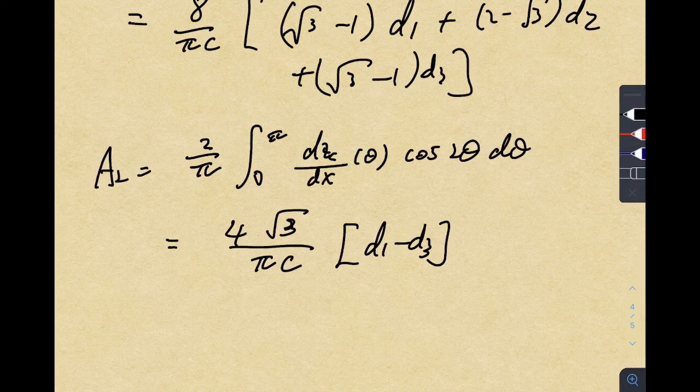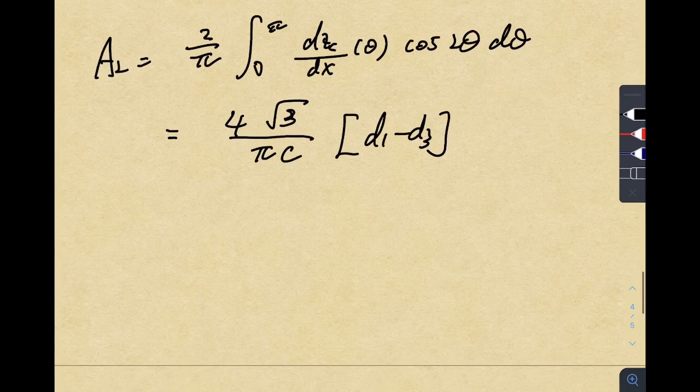Remember that if we want to compute the lift, we only need the first two capital A's. We need A naught and A1. But for computing the moment coefficient, we need A0, A1, A2. But if we compute the moment with respect to the aerodynamic center, we just need A1, A2.